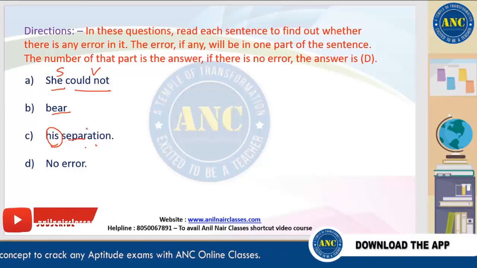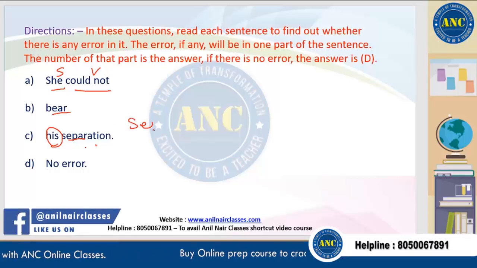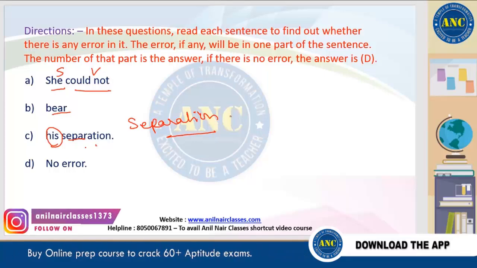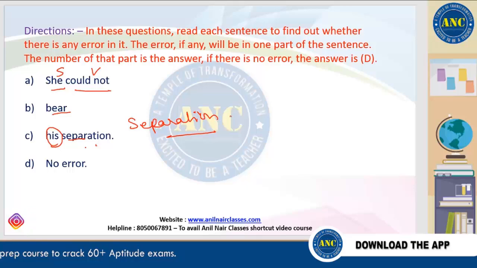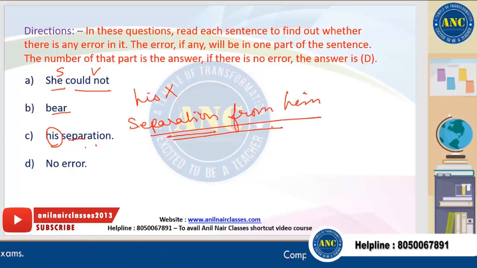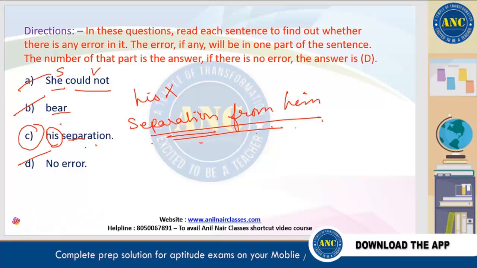This is the way you have to learn that with separation, we don't use the possessive pronouns. You can say separation from him. It's like an idiom, or a phrase which is always like this only. We never say his separation. It has to be separation from him. Clear? So the answer is C. We'll get rid of A, B and D.